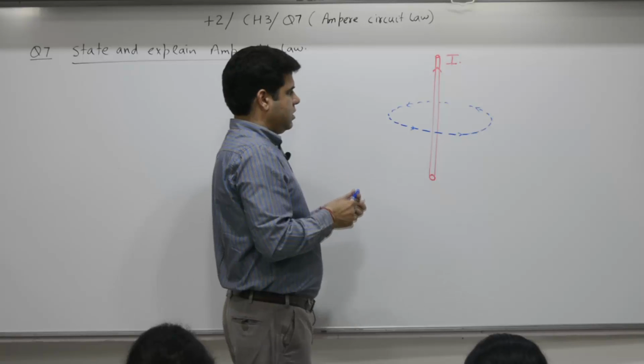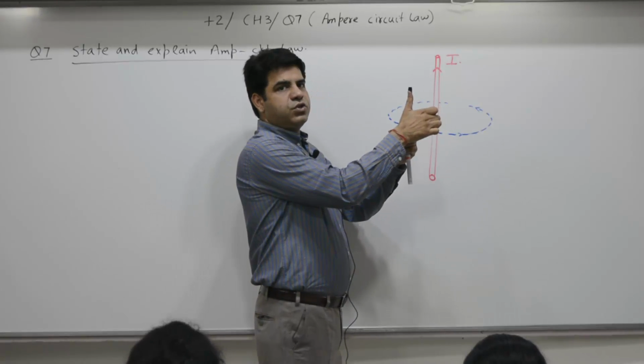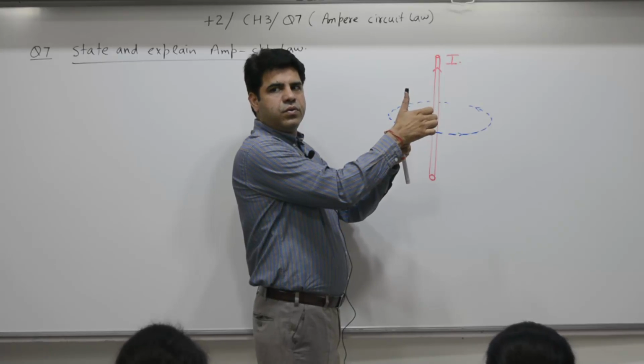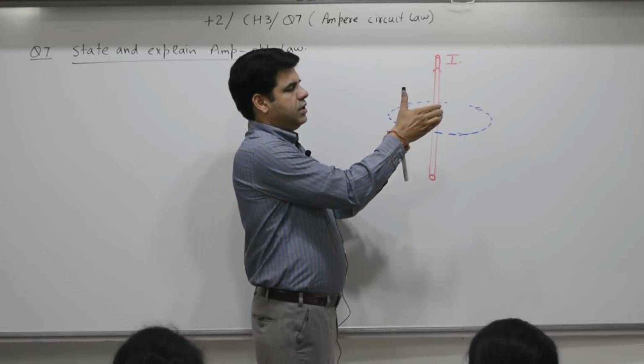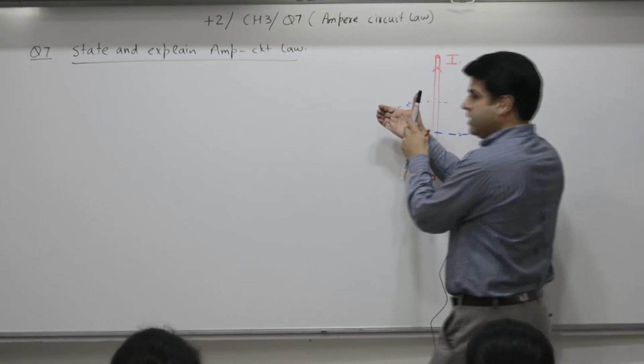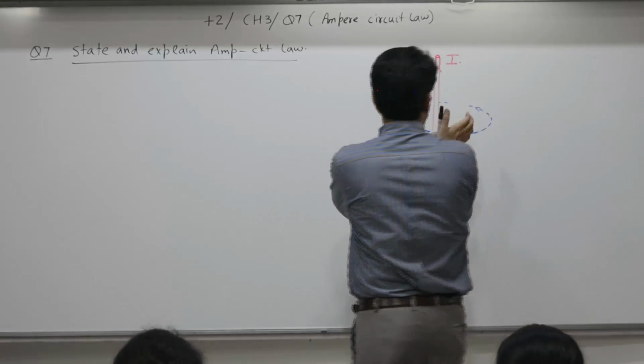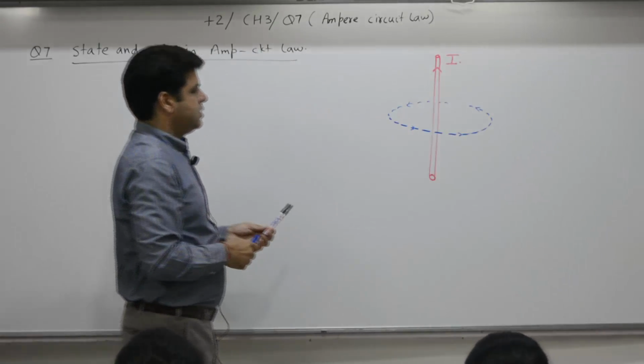Same wire, place your thumb parallel to the same. Here it is into the page; to the left it is towards the reader. So, magnetic flux surrounding a wire is given.